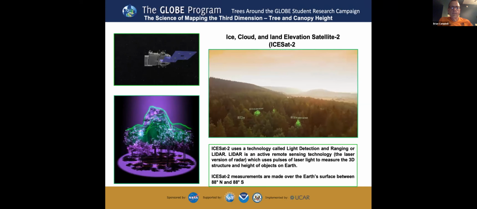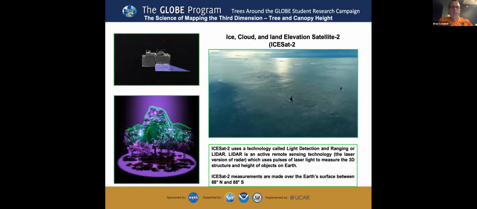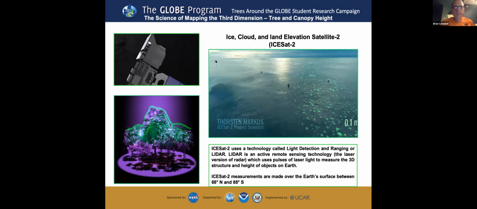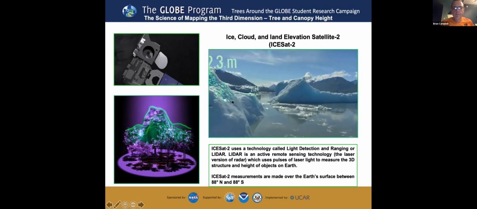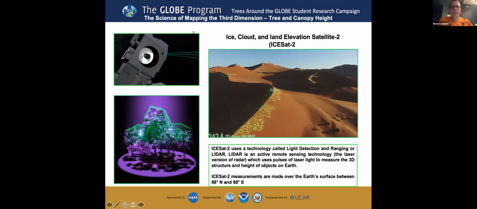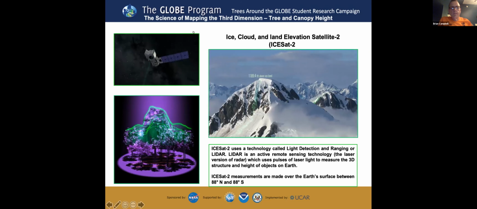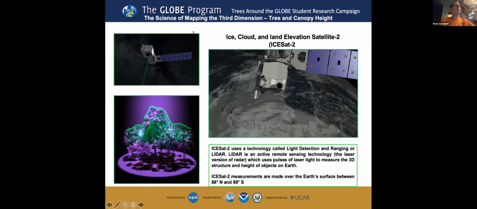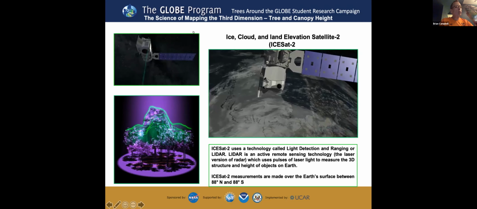From satellite data, we have a very good handle on how our Earth looks. We can see oceans, we can see the sea ice, we can see our forests. What is much, much harder to measure is how high things are on a global scale, almost impossible. ICESat-2 adds the third dimension, the elevation.